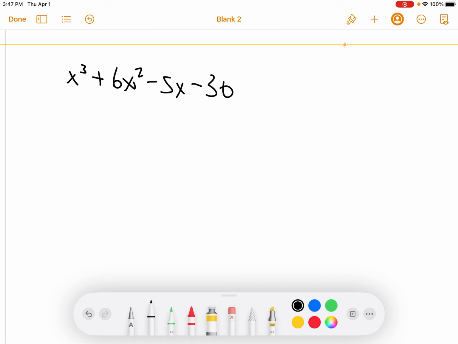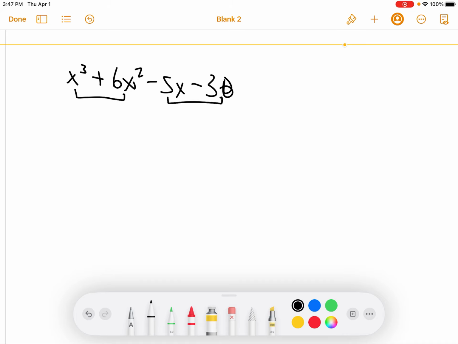We can see that there's nothing that can divide all these terms because some have x's, some don't. And the only thing you can really divide by is 1, and that's pointless because that would make it the same. But we can see that there's something you can divide by in each pair of terms.